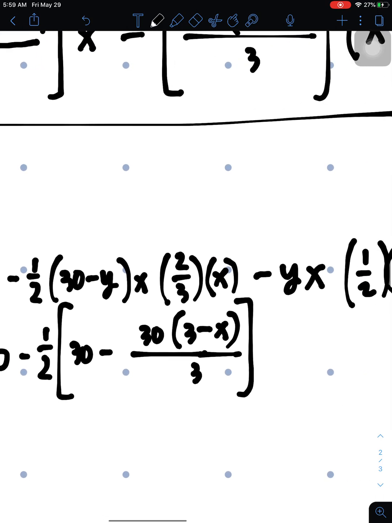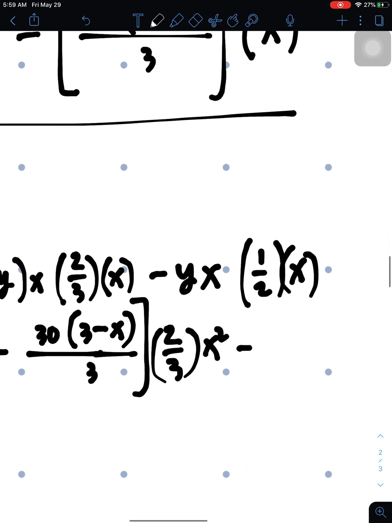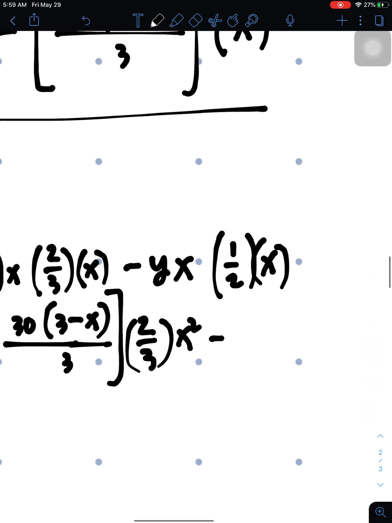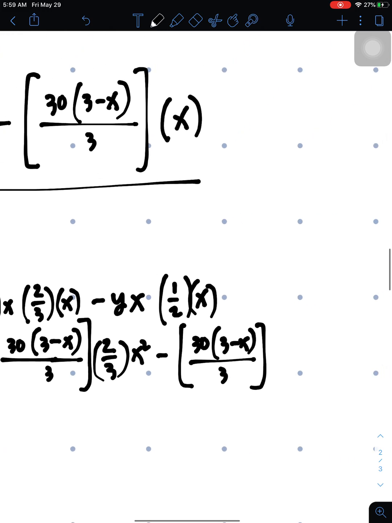Then times x here. Ato siyang i-resolve. That's 2 over 3 x squared, minus the y, 30 times 3 minus x over 3, times 1/2 of x times x.